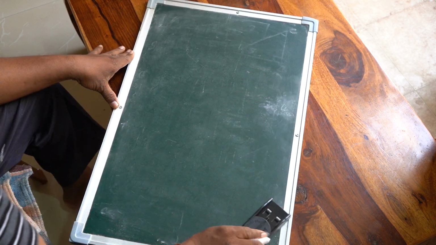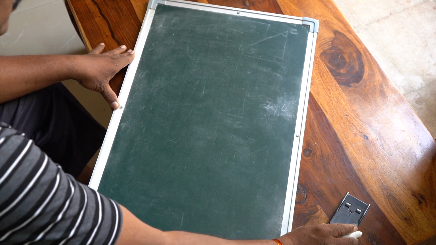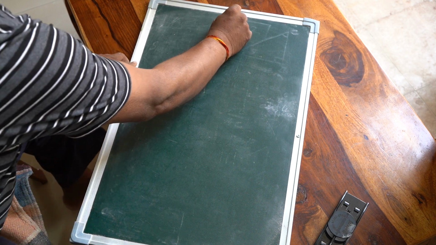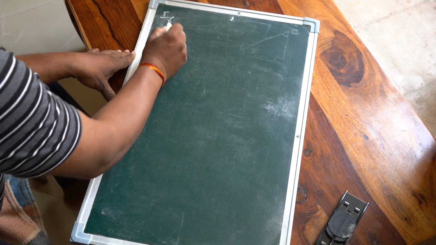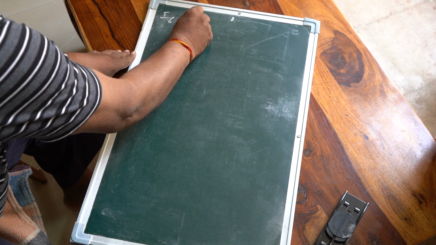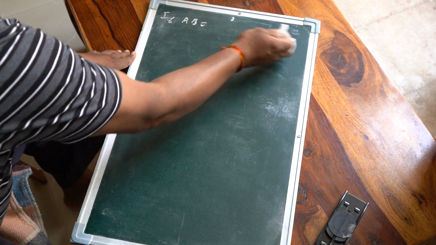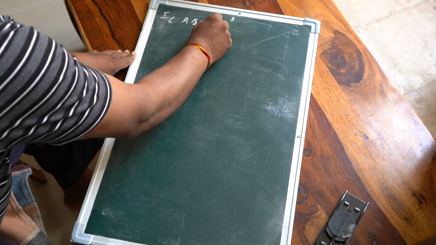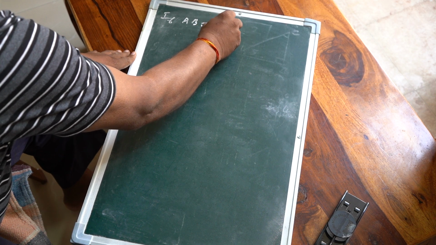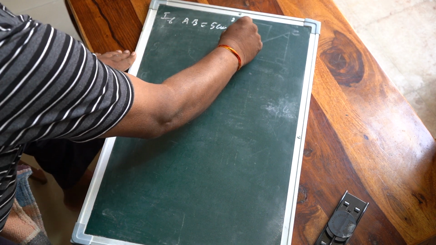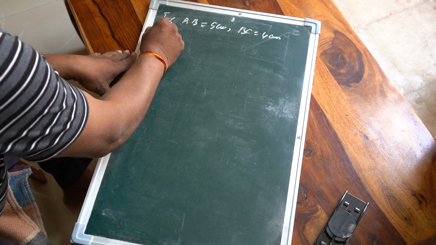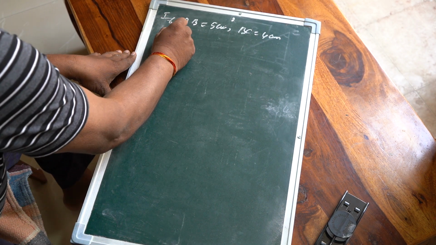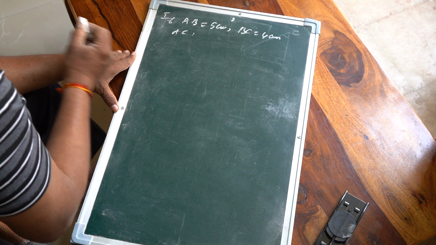Actually, what is next? If AB equal to 5 centimeter and BC equal to 4 centimeter, what is the value of AC?